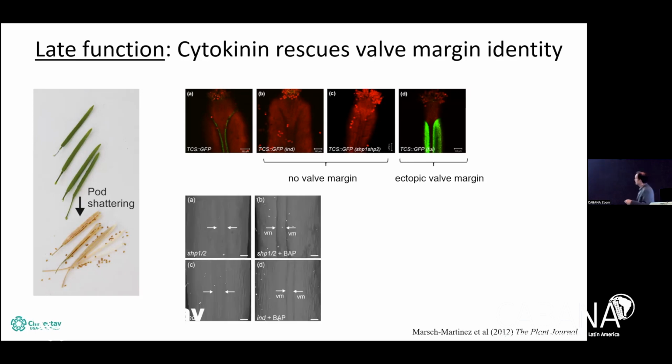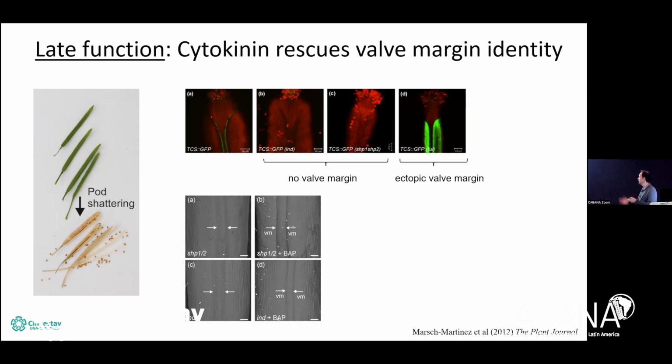Where the arrows are, these are the two mutants that don't open. When we apply cytokinin to these fruits, the structures do develop. So also here is an example that cytokinin signaling is below these genes, and we can rescue these mutants so the fruits will open.